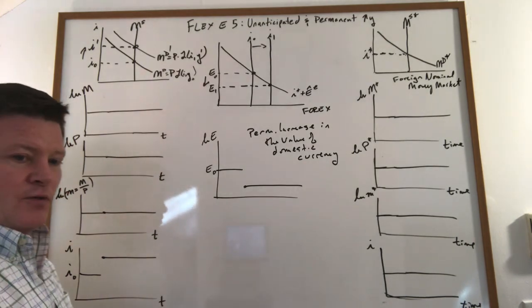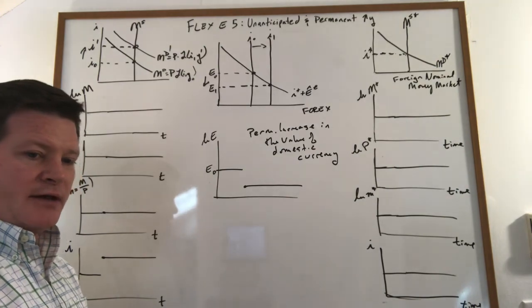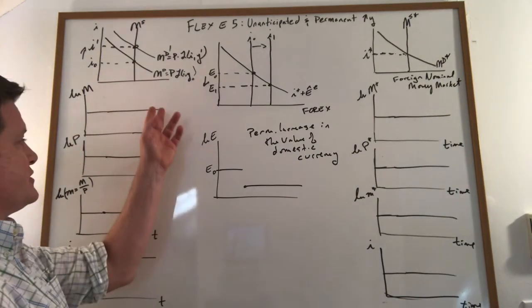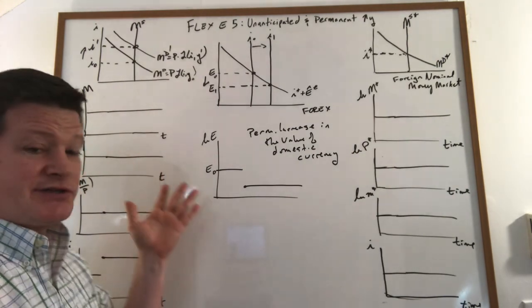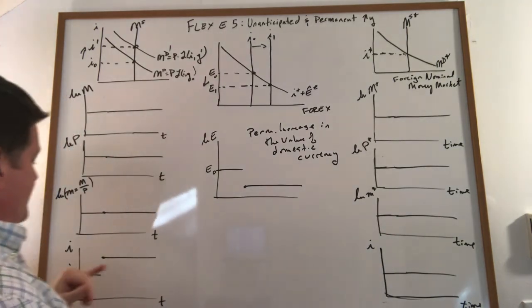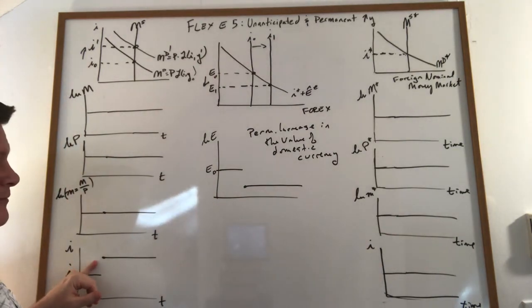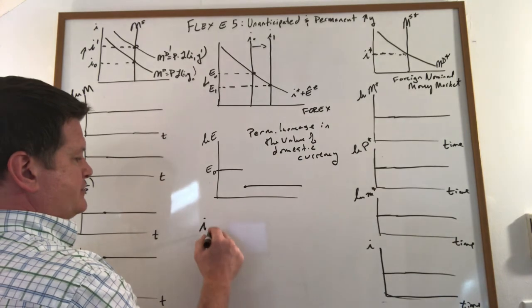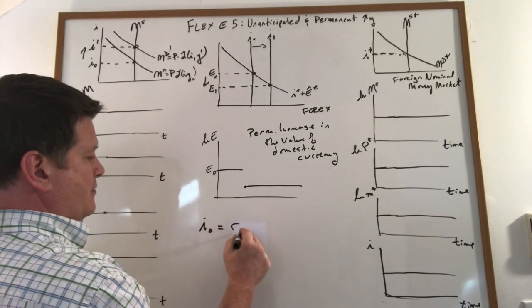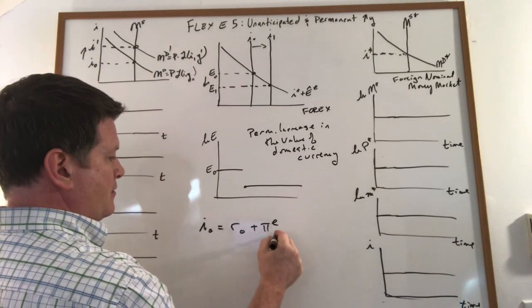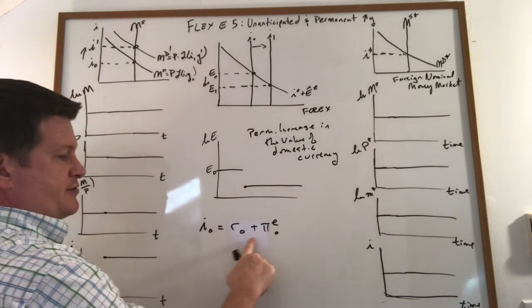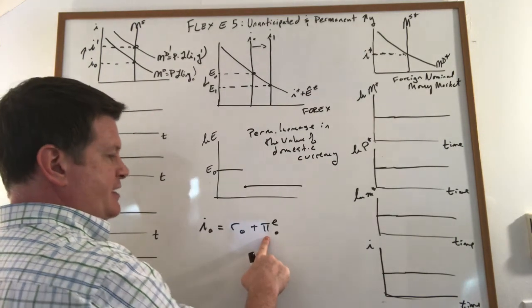You might also wonder, well, if money didn't change and prices didn't change, inflation hasn't changed, so how is the nominal interest rate higher? The nominal interest rate, if you remember, is the real interest rate plus inflation expectations.